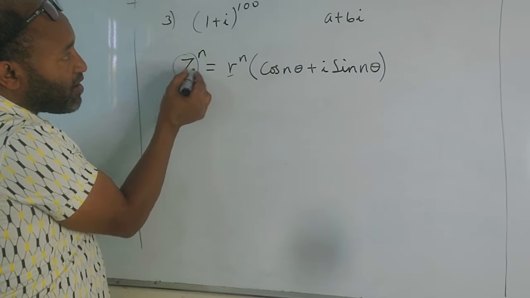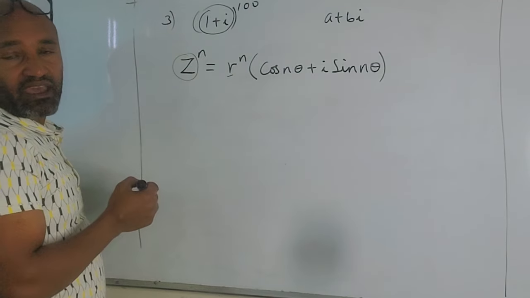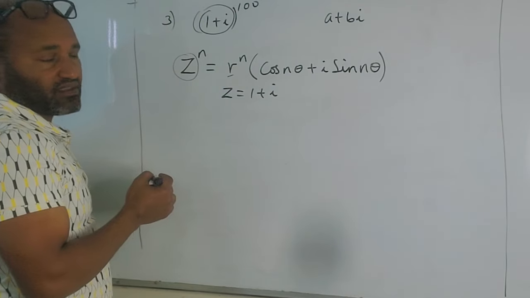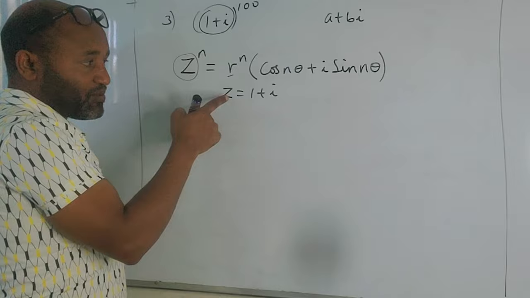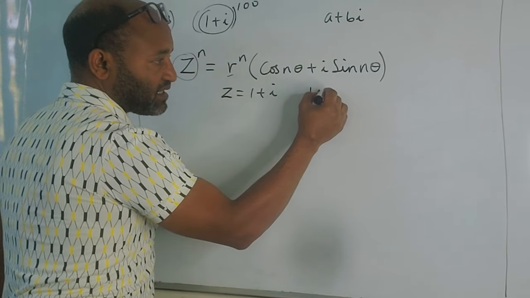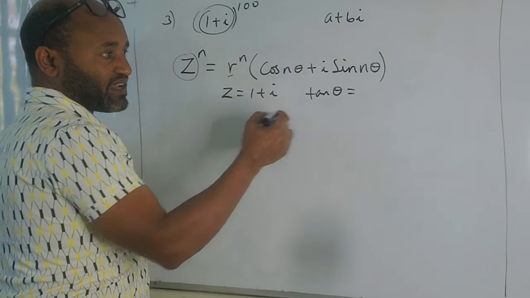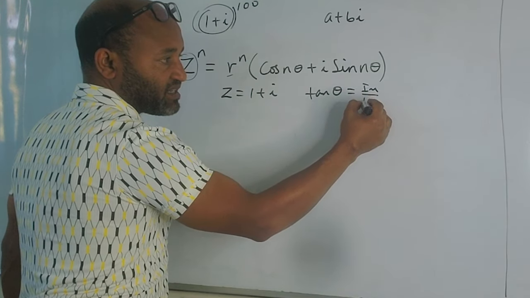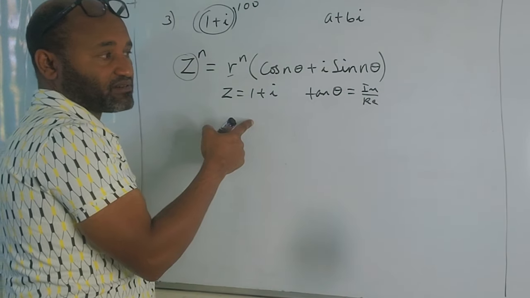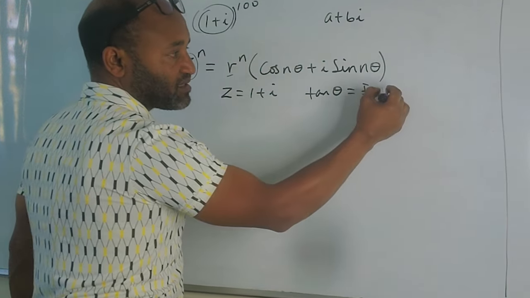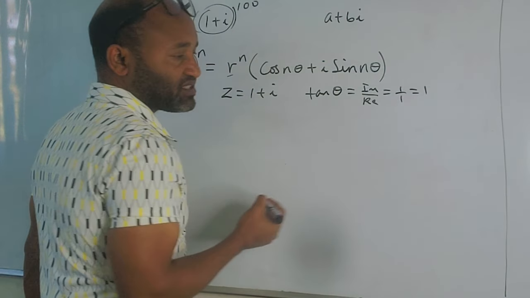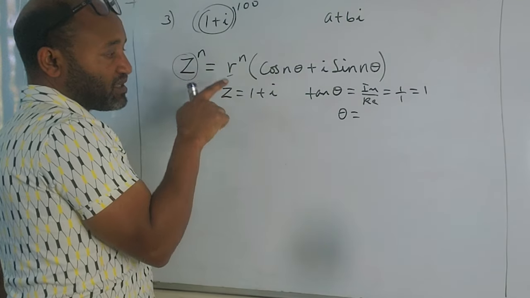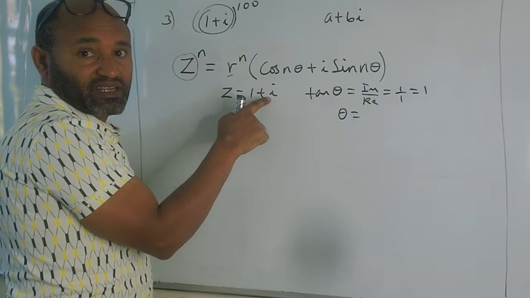Now here our z is 1 plus I. So from this we know that tan theta means y over x, the imaginary part over the real part of the complex number. Tan theta is 1 over 1, that is 1. So tan theta is 1 where theta is positive, in the first quadrant.